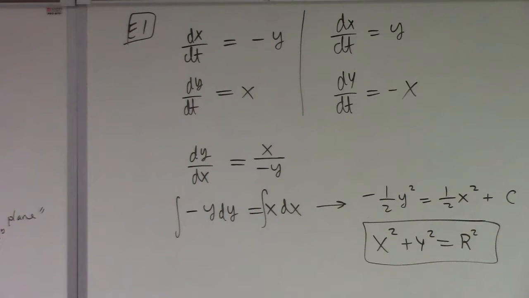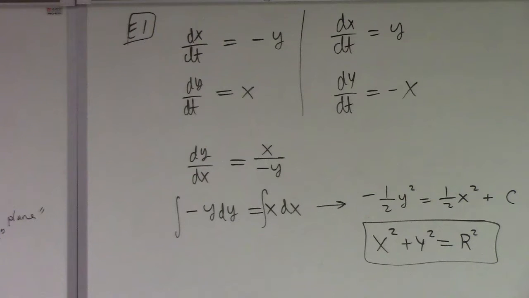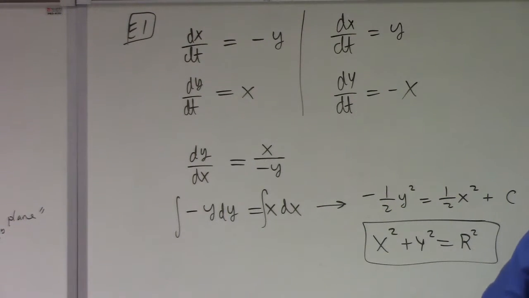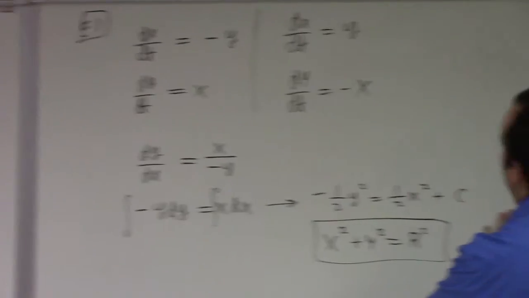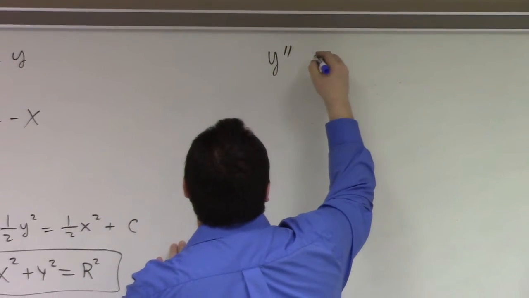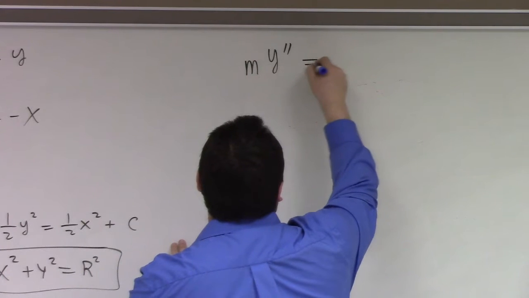Where this gets really interesting is in its application to physics. In particular, you can look at Newton's equation for a conservative force, right? So what's that? y double prime, m y double prime equals to what?